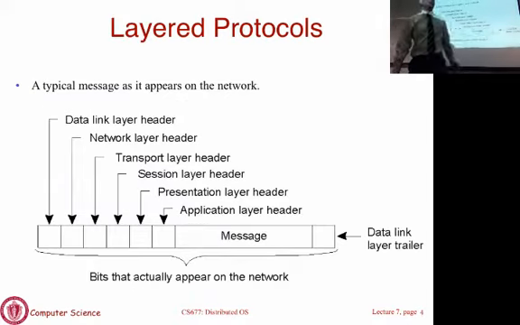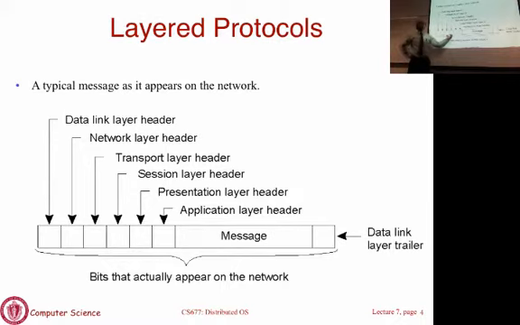Okay? So you have this original message that needs to be sent from one end to another, and each layer in the protocol stack is going to process the message and maybe add some header or footer information to the message and hand it to the protocol layer below it. So here is the message, and let's ignore the session and presentation layers.